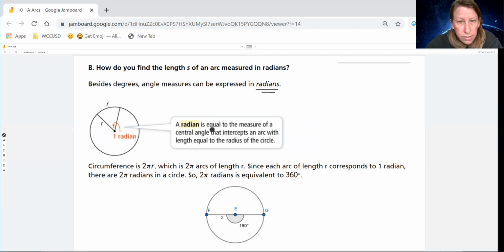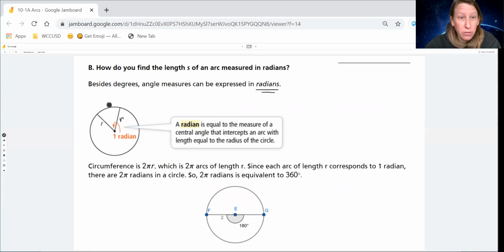A radian is equal to the measure of a central angle that intercepts an arc with length equal to the radius of the circle. So if this radius is the same length as this arc, which is the same as this radius, right?